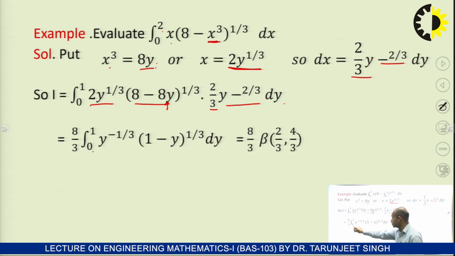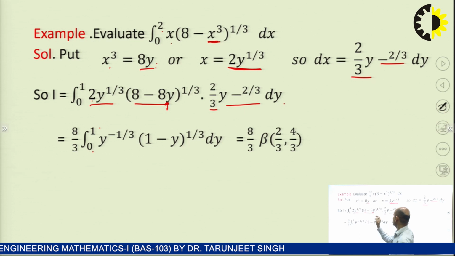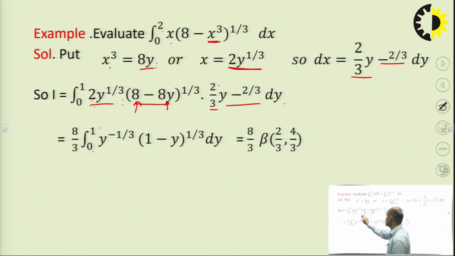So, this limit is 0 to 1, then we have 2 times here and 2 times. So, we have 4 upon 3, and there is one more 2 here. If we take common 8 from here, then we get 8 raised to 1 upon 3 outside the bracket. So, we get again 2 here. So, 2 into 2 into 2, we get 8 upon 3 here. Then limit will be 0 to 1. Then y raised to 1 upon 3 and y raised to minus 2 upon 3, which can be written as y raised to minus 1 upon 3.